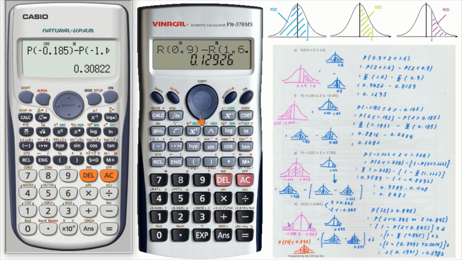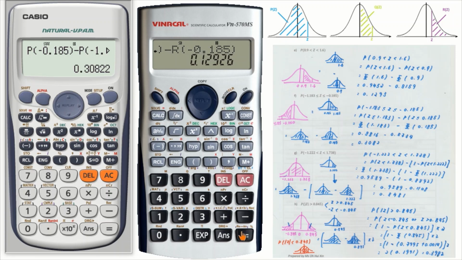Okay. If I want to use more than, the same thing, then it will be in the opposite direction. That means more than negative 1.183. Okay, then I'm going to minus, then do the same thing again, R. Then the smaller one will be negative 0.185.